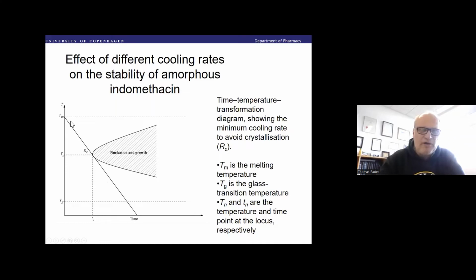So if it's slower, you would follow this path, for example, and boom, you touch the nose, the system will crystallize. If you cool faster, you go somewhere through here, and then you will not get crystallization. So we can very simply determine the critical cooling rate of a given material.